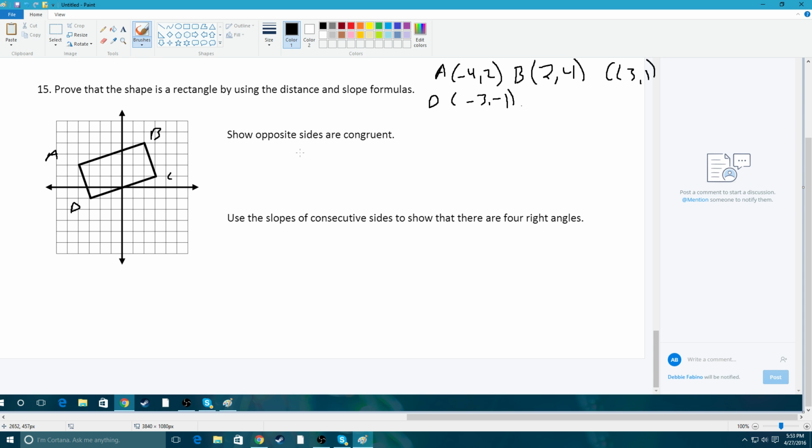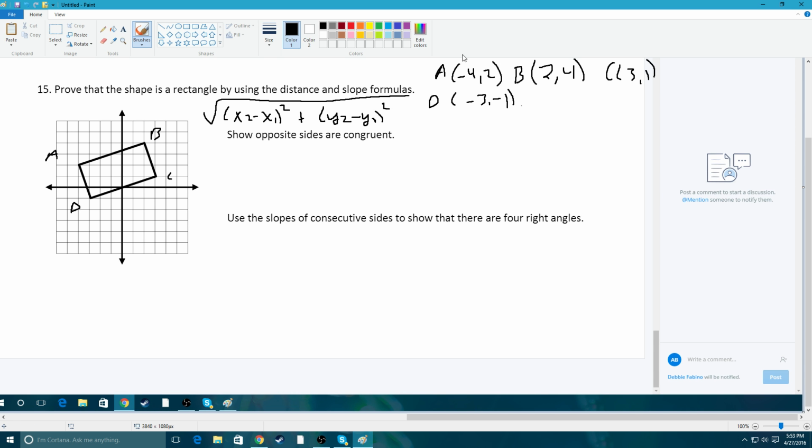So we got to show opposite sides are congruent, meaning we have to do the distance formula about 4 times. Distance formula is the square root of x2 minus x1 squared plus y2 minus y1 squared.